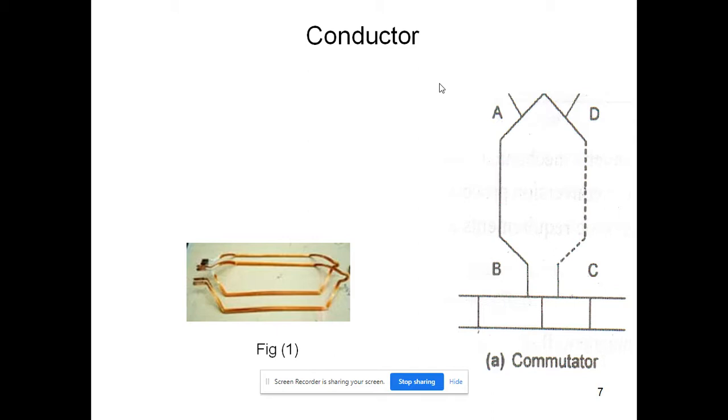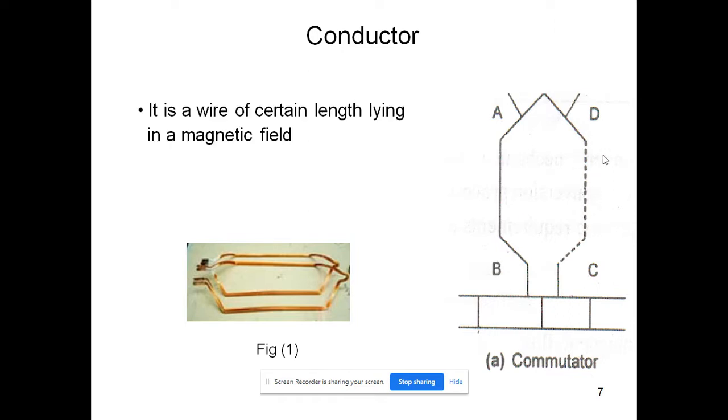The ends of this conductor are connected to the commutator segments, which here you can see in figure A. This is the commutator and this is the rectangular coil, and here AB is the conductor and CD is another conductor.